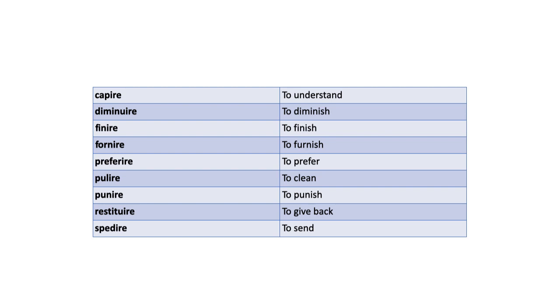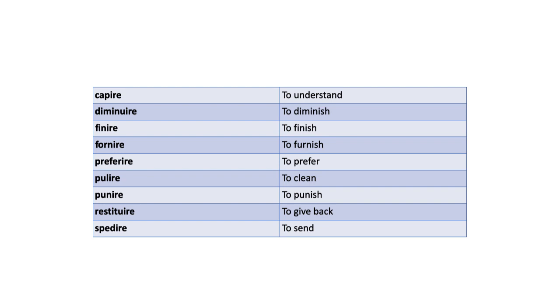Fornire, to furnish, right? As in to furnish a room, to find the furniture for it and install it. Preferire, the one we just did, to prefer. Pulire, to clean. Punire, to punish. Restituire, to give back. And spedire, to send. As in to send a package or a letter.